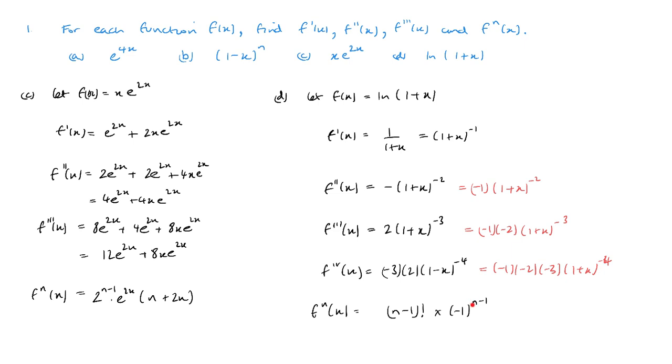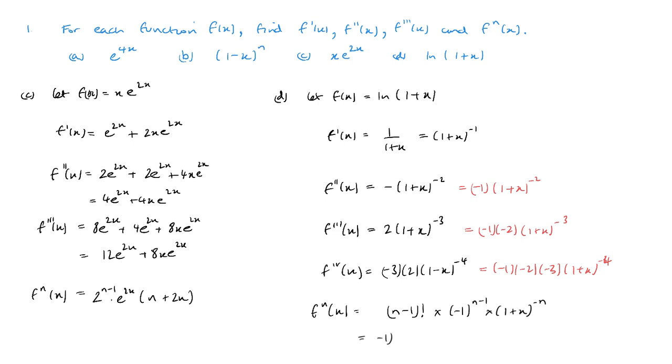When it's 3, 3 minus 1 is 2, so minus 1 squared is plus 1, so it's positive, and this is going to be positive. So that now makes sense. And then it's times 1 plus x to the minus n.